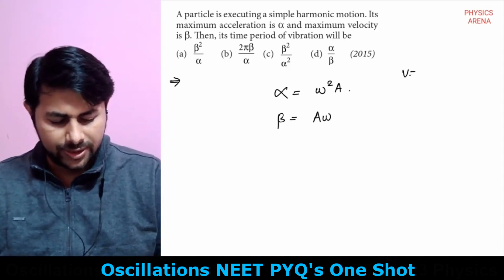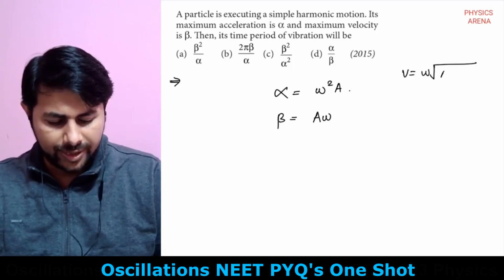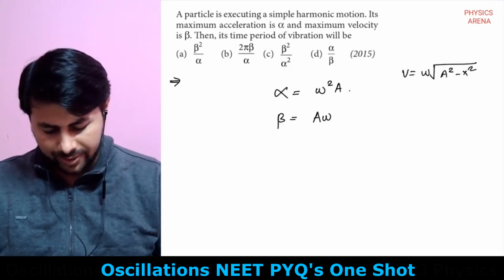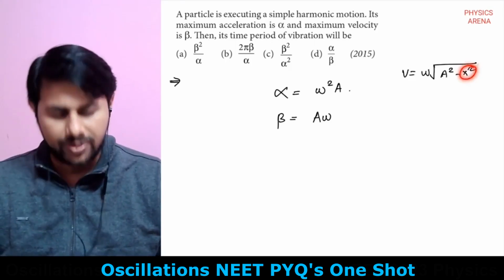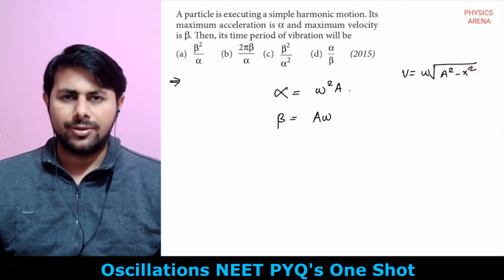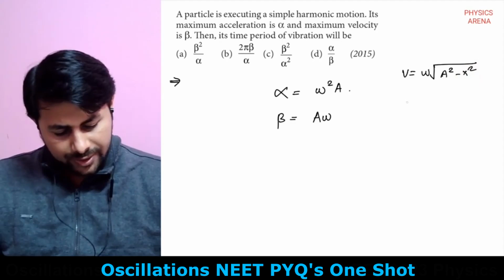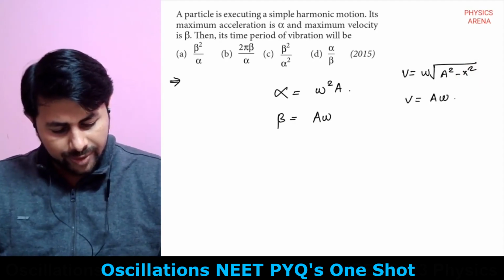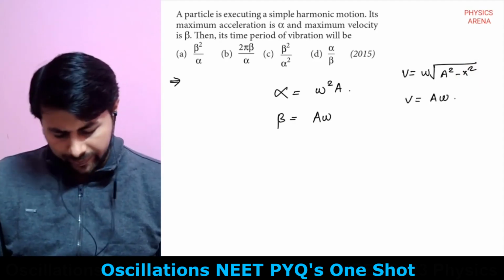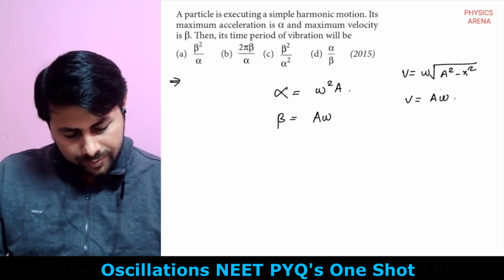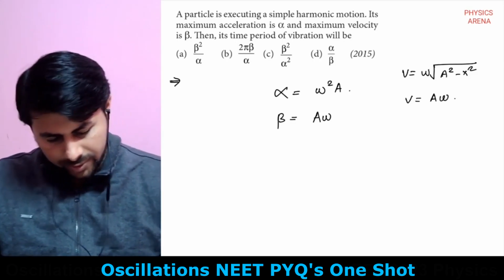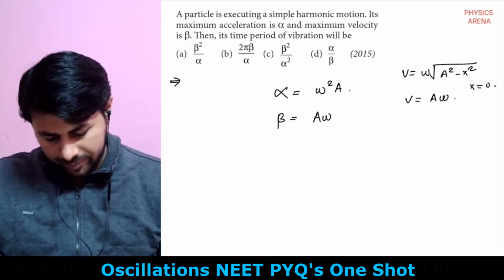Because velocity is omega square root of a square minus x square. So if you put x equal to 0, then you get maximum velocity, right? So it is A times omega, when x is equal to 0.